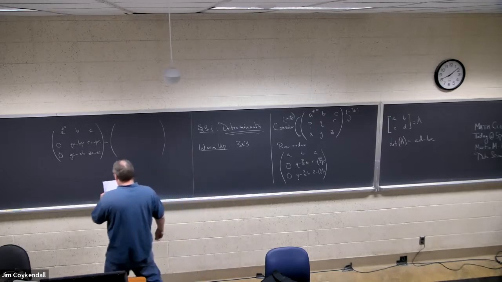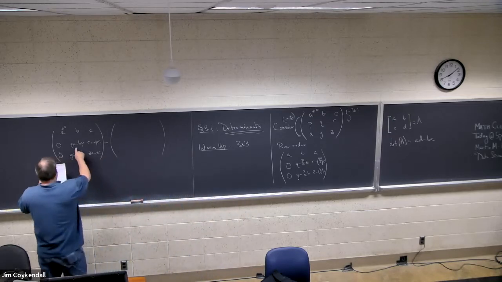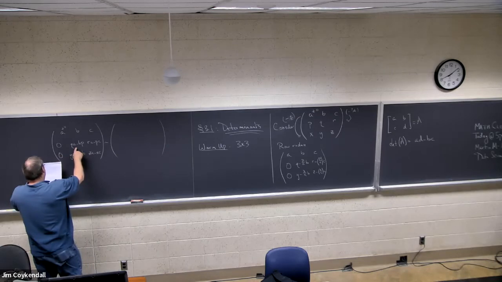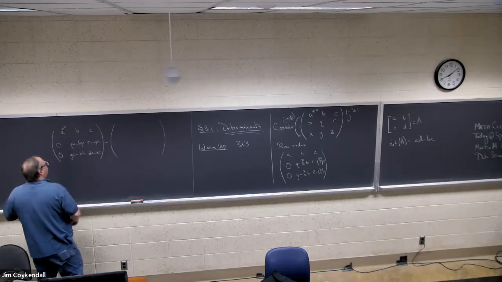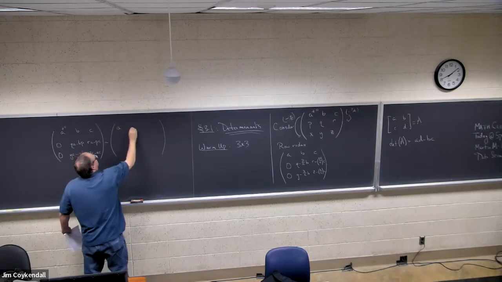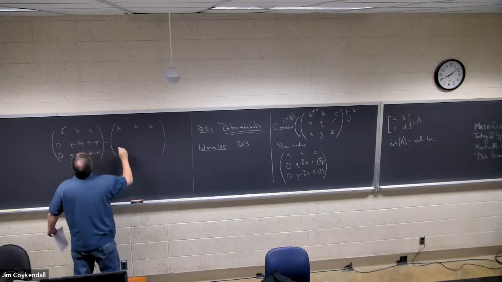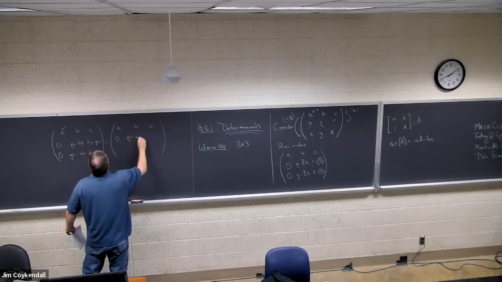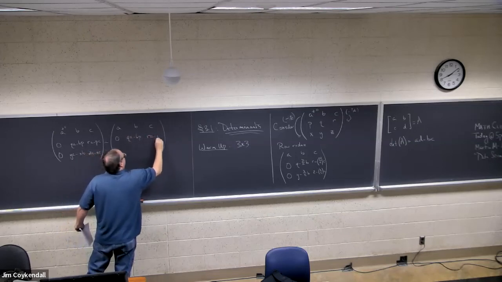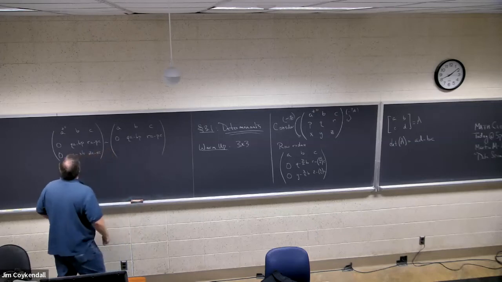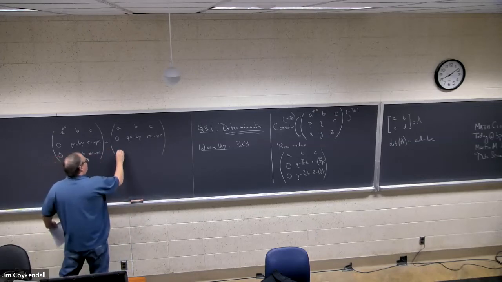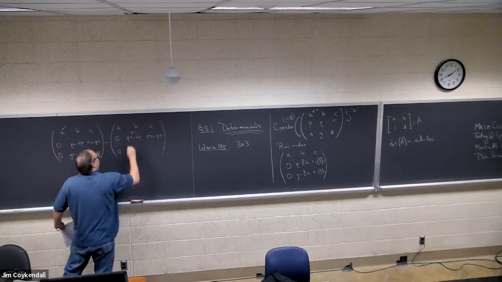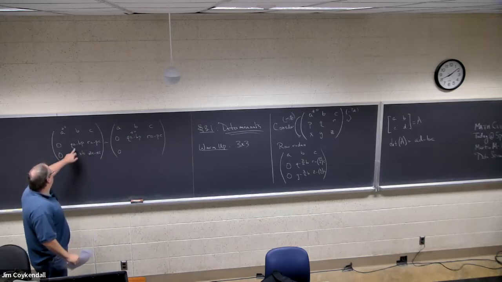If I row reduce this further, say that I focus on this right here. Assuming this is not 0, then I can divide by this and take this out, right?